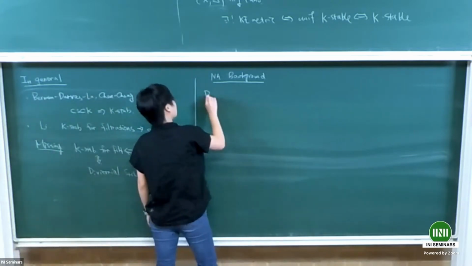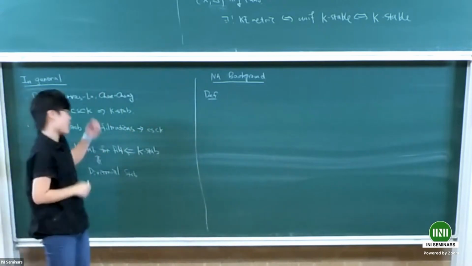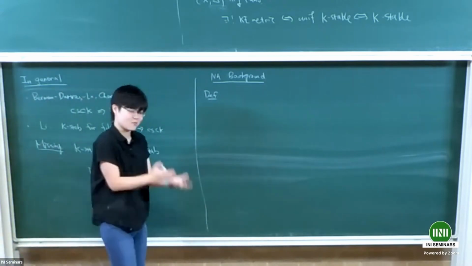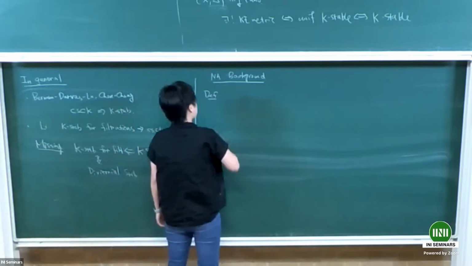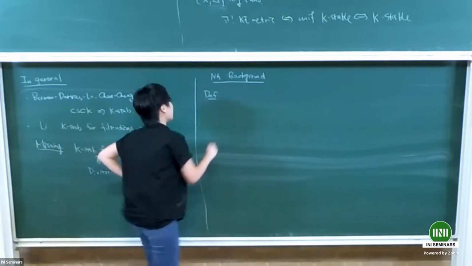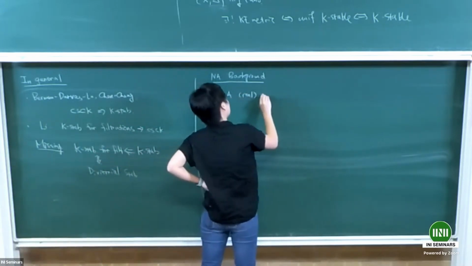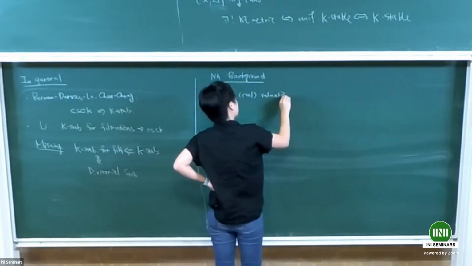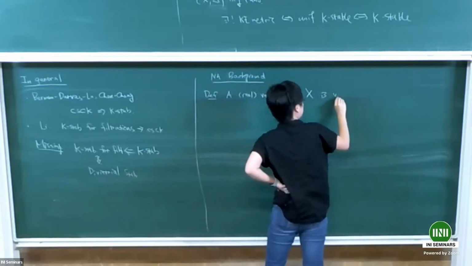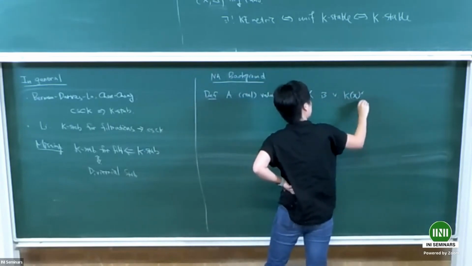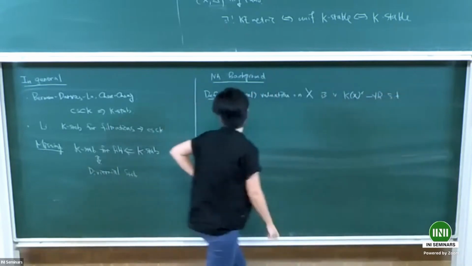But here's the definition, which is pretty much useless, but I thought it's good to know the original definition of a valuation before talking about the actual interesting divisorial ones. So a real valuation on X is a map from the function field to R, so that the following is true.